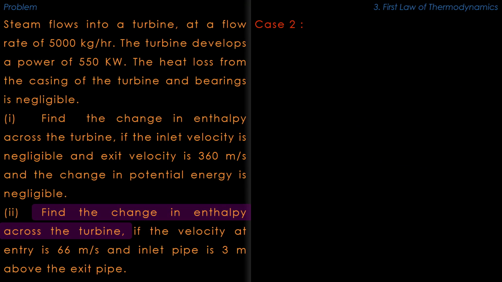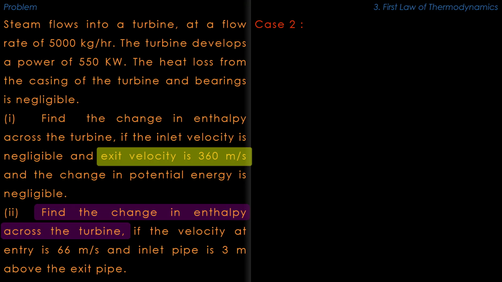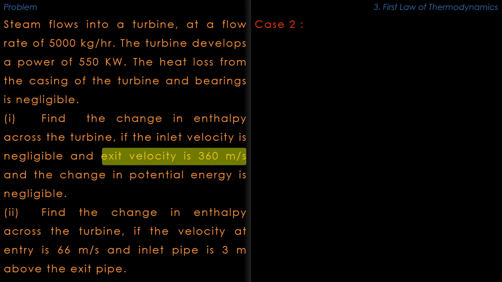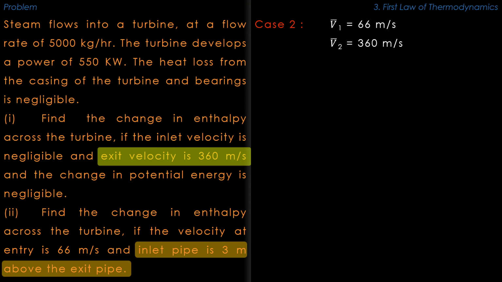Whereas, in the second case, we again have to find the same change in enthalpy for process 1-2, for the same exit velocity of 360 meter per second. But in this case, the inlet velocity is considered, and it's taken as 66 meter per second. Whereas, the inlet pipe is at 3 meter elevation, above the exit pipe.